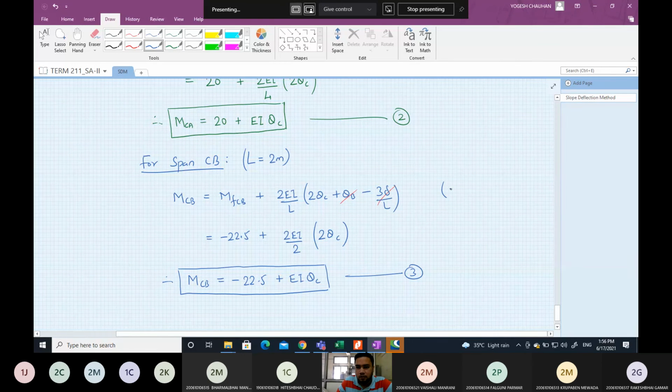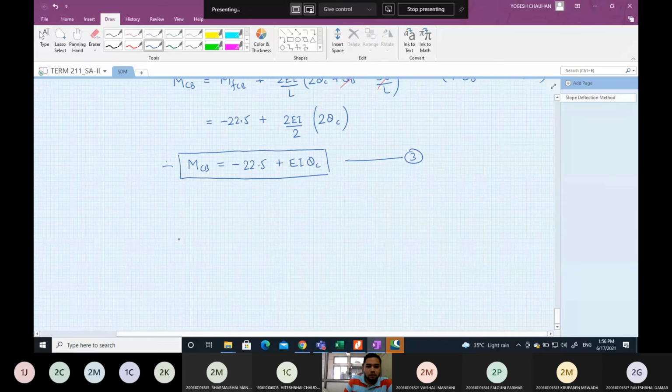Note that here theta B is 0 and delta is also 0. Similarly, MBC is equal to MFBC plus 2EI by L, 2 theta B plus theta C minus 3 delta by L. Now MFBC is 7.5.